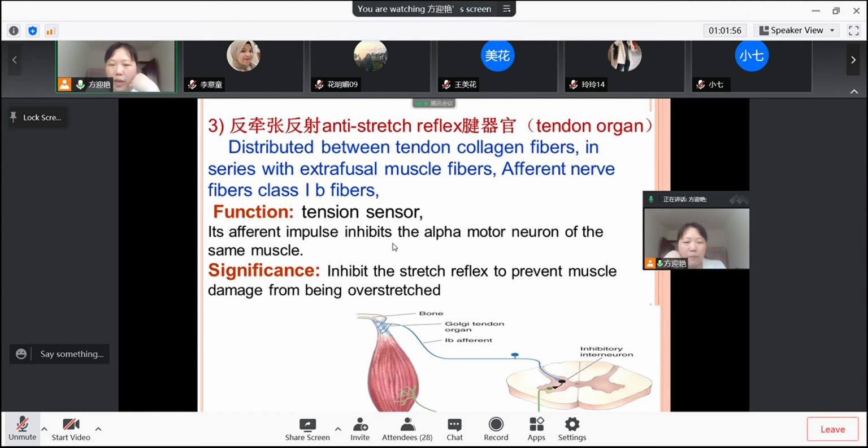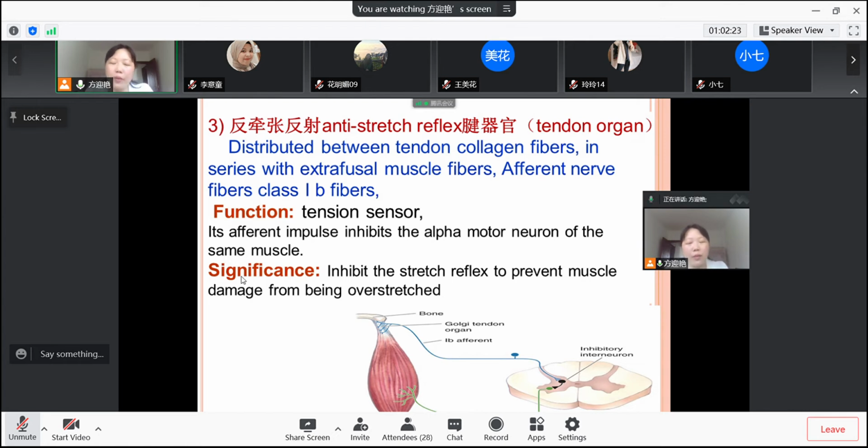So the afferent impulse inhibits the alpha motor neuron of the same muscle. The black one means inhibition. The alpha motor neuron is inhibited, which leads to muscle relaxation, and because of the relaxation, the tension decreases.